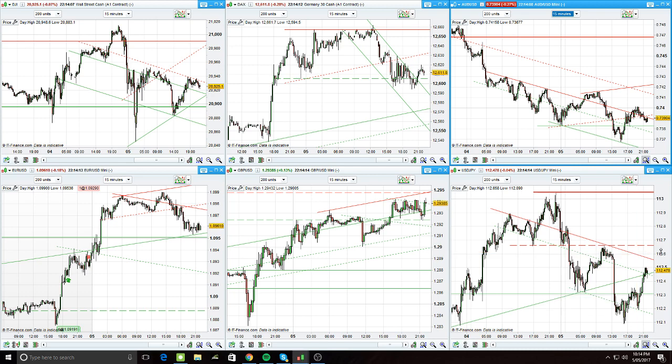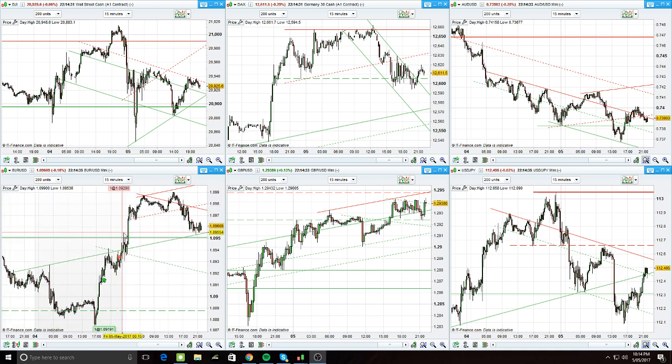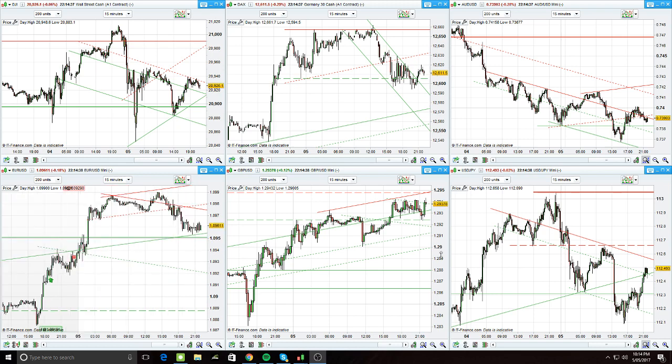Alright, now, fortunately, I think this month we have a quite easy sort of setup, in the sense that some of the pairs that we really like to trade, like the euro, is pretty close to some resistance, and the dollar yen is relatively close to some support.